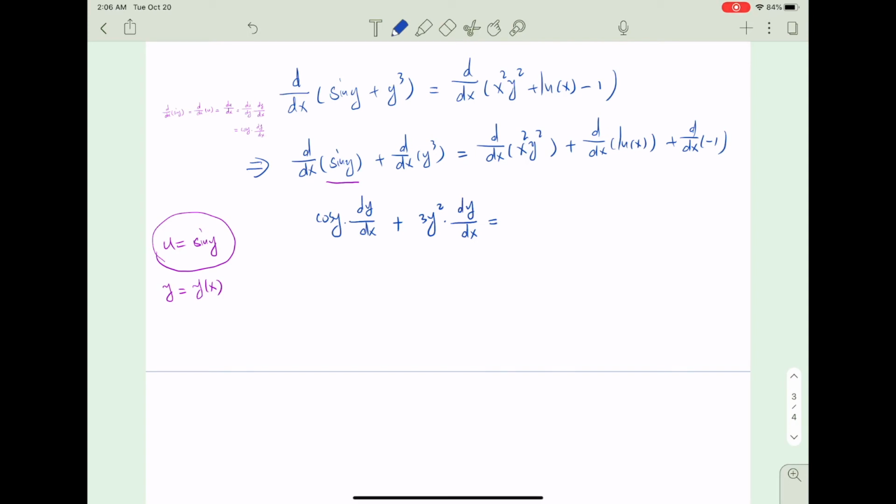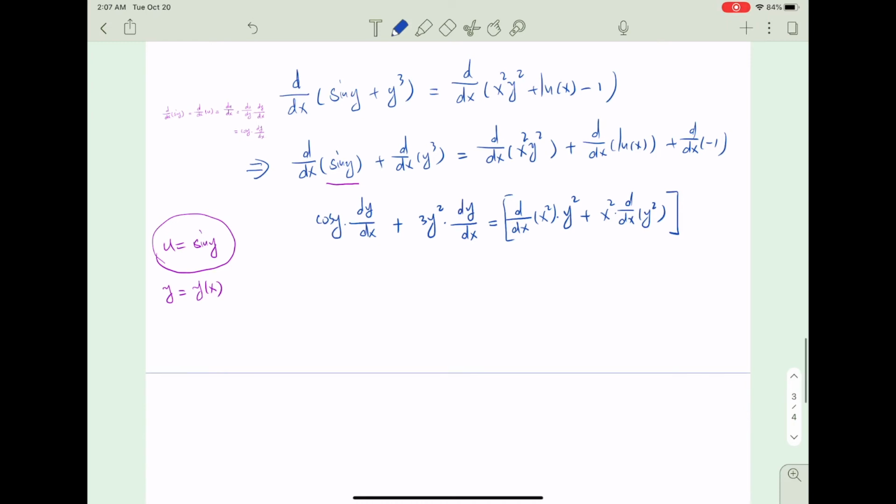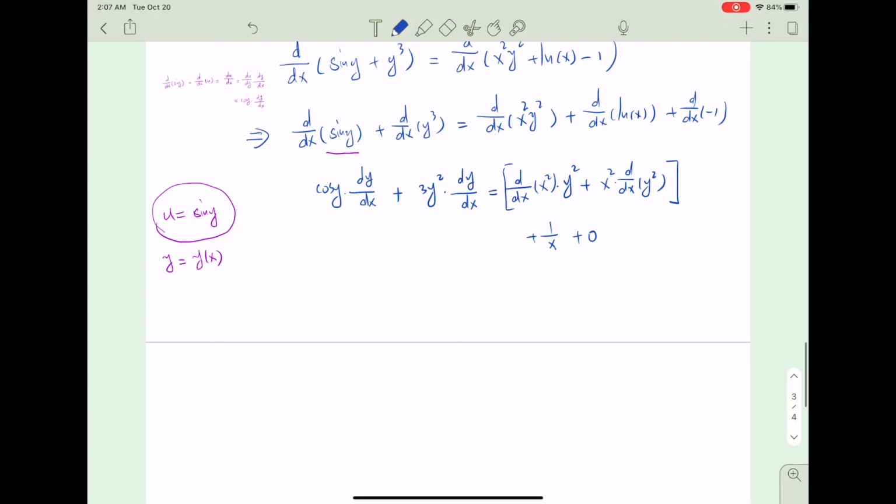So the product rule gives us that this is equal to d over dx, the derivative of the first factor times the second factor plus the first factor times the derivative of the second factor. And for the next term, ln of x, we know very clearly that is 1 over x, so plus 1 over x. And for the negative 1, that is a constant, so it's going to be 0, okay?